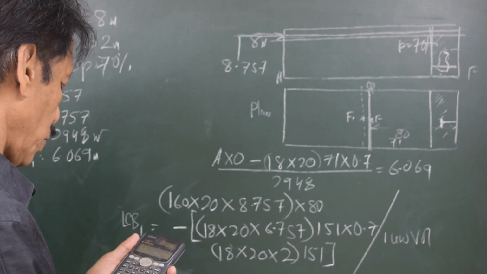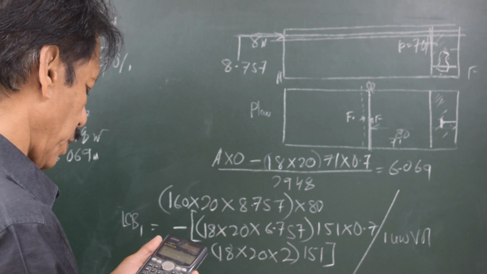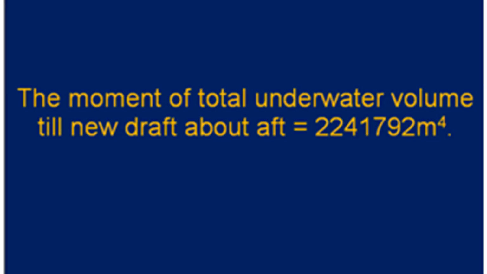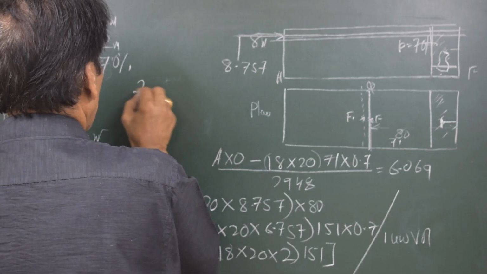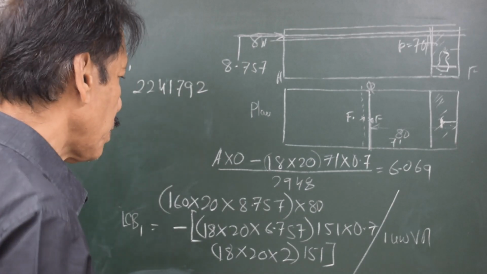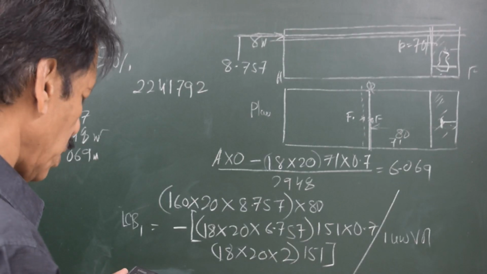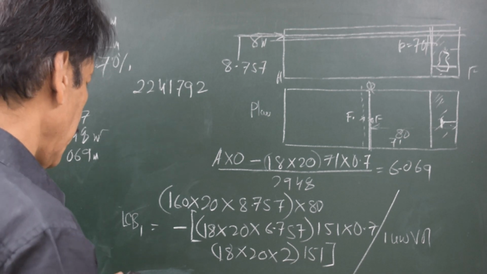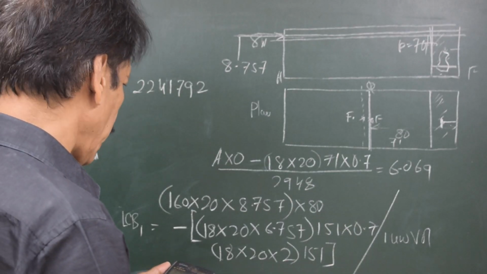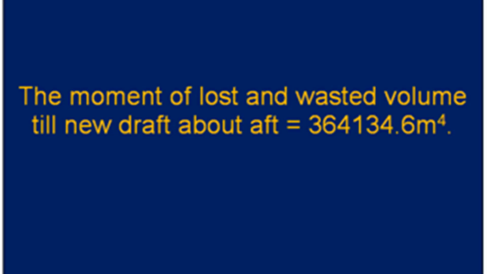160 into 8.757 into 80. So this is 2241792. And let's solve the bracket. It is 18 into 20 into 6.757.